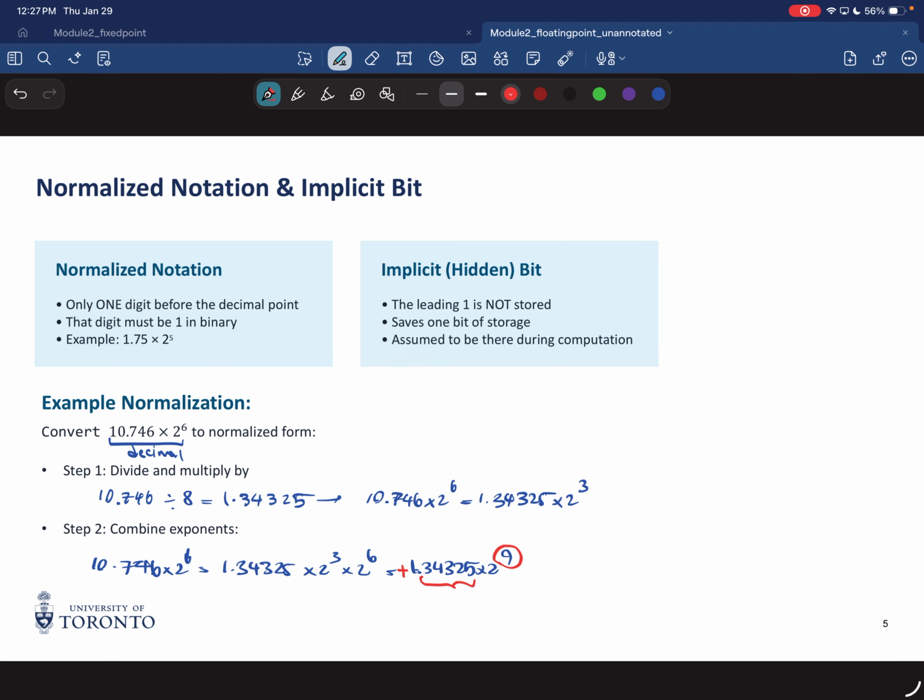IEEE 754 is the standard that tells you where each of these goes. So the first thing we do, as soon as you get a decimal number, is convert it to this normalized format. Then you start converting these to bits and putting them in the right place.